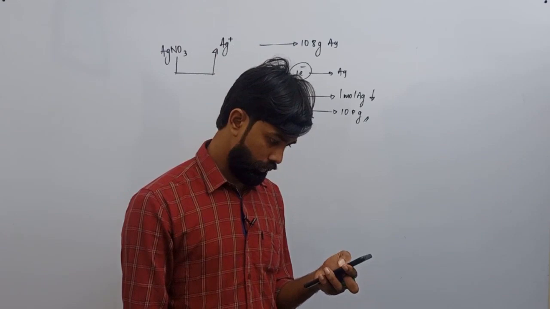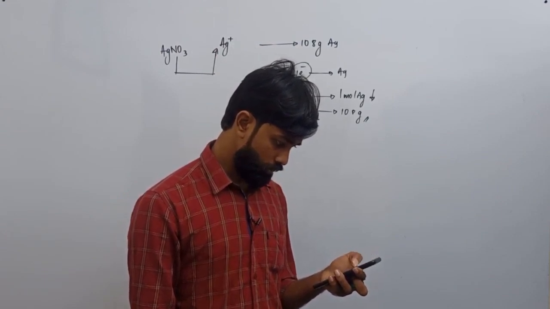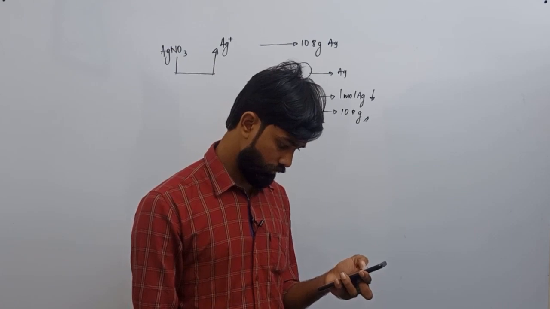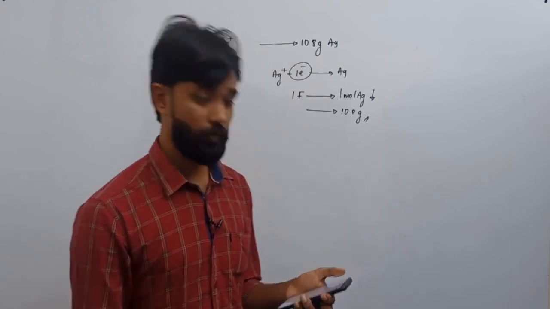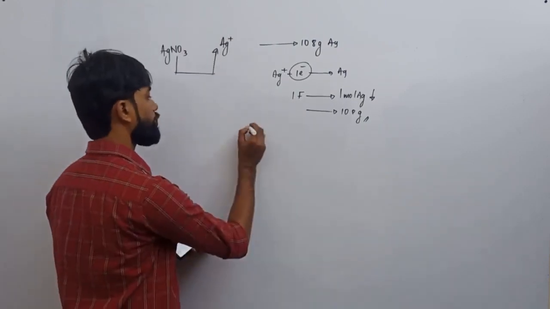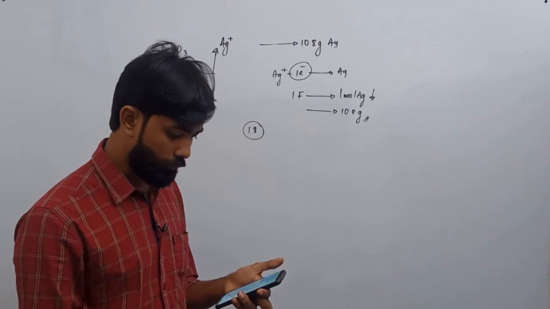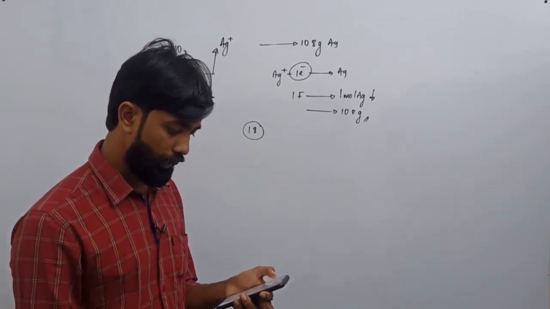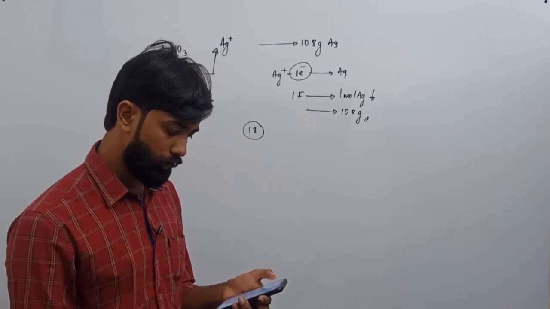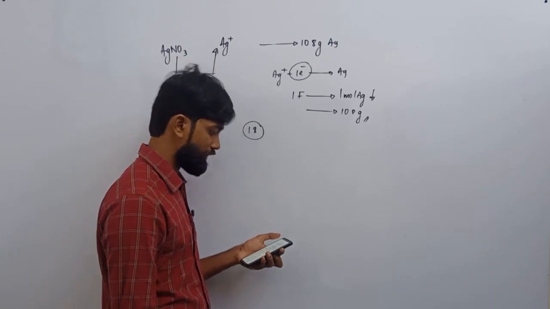Okay. Let's check the next question, question number 18 in your section A. The question is the number of Faraday required to deposit 1 gram equivalent of aluminum from the solution of AlCl3.